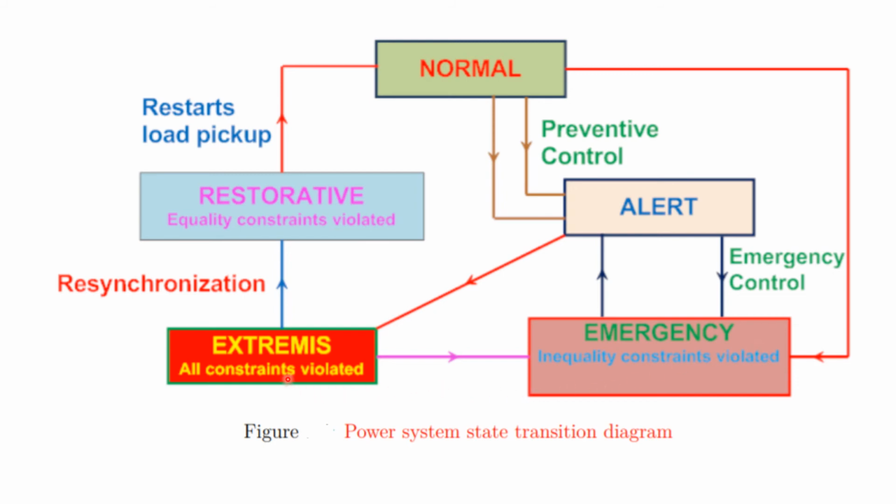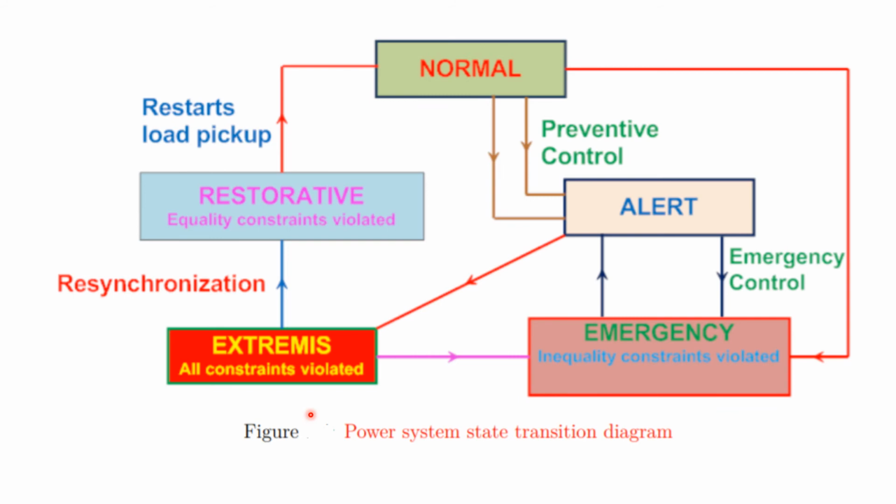Next one is extremist state. Here the emergency control actions fail when the system is in emergency state, and it may move on to extremist state. That is, no preventive control action was taken in proper time. With any severe disturbance, if you do not take any preventive control action, it may directly move on to extremist state.